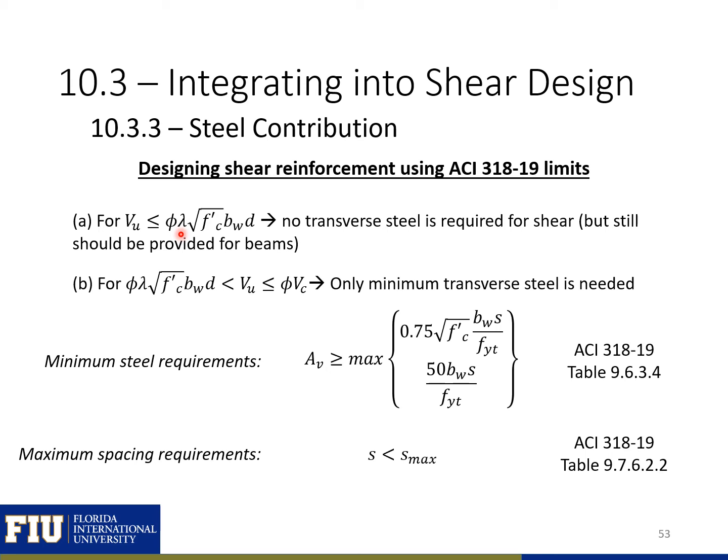It's not required for shear, but it still should be provided for beams to make sure that we have some post-cracking strength. If Vu is between this limit and phi times Vc, then we only need the minimum transverse steel. So we need to meet our minimum steel and our maximum spacing requirements, as shown here.